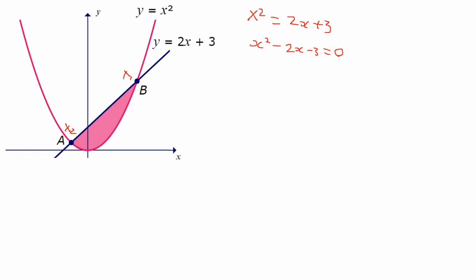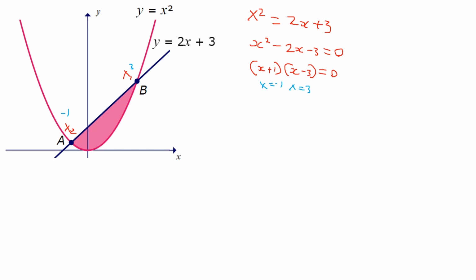And now let's think of numbers that add up to make minus 2 and multiply to make minus 3. That will be minus 3 and 1. So that will be x minus 3, x plus 1. Perfect. So therefore we can say that x is equal to minus 1, and x is equal to 3.